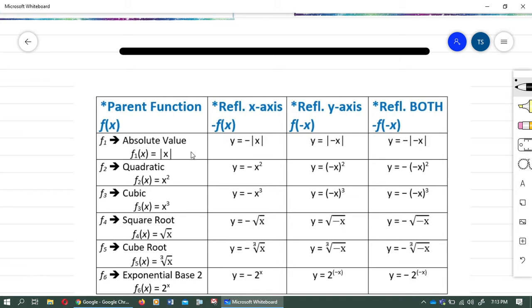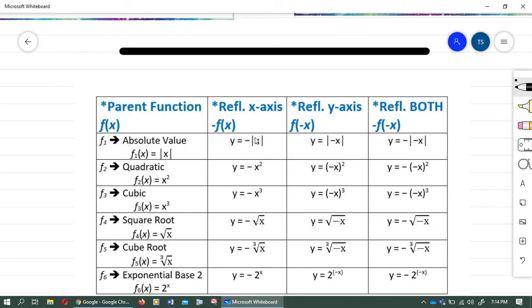So guys, you can see here that for the absolute value function, you can see the general function notation, negative f of x, where it's some type of negative on the outside, and we see that that's a reflection over the x-axis. And so guys, you can see what that looks like for each one of these different types of functions.